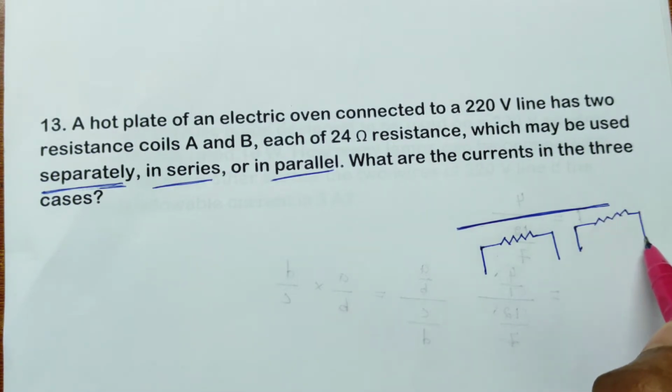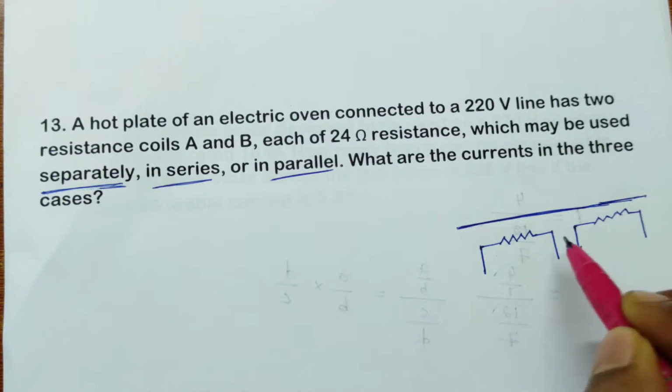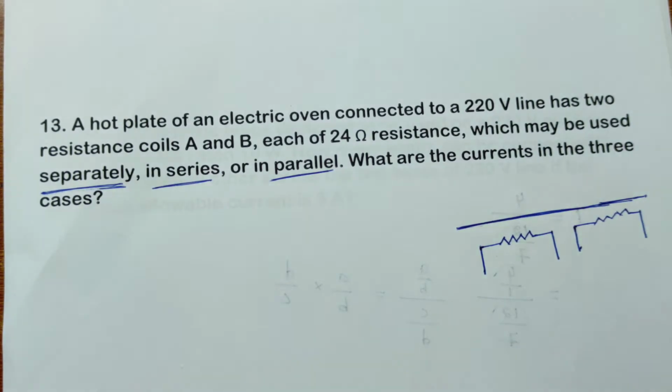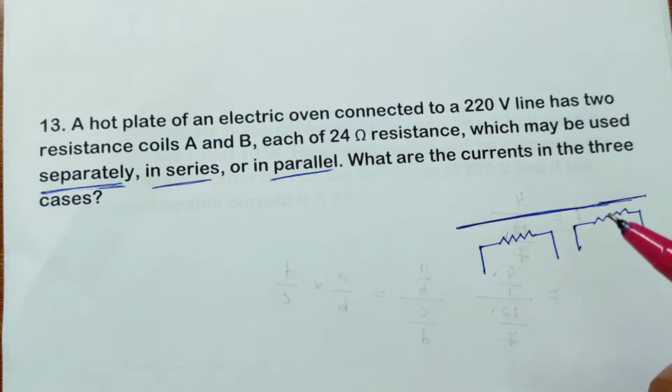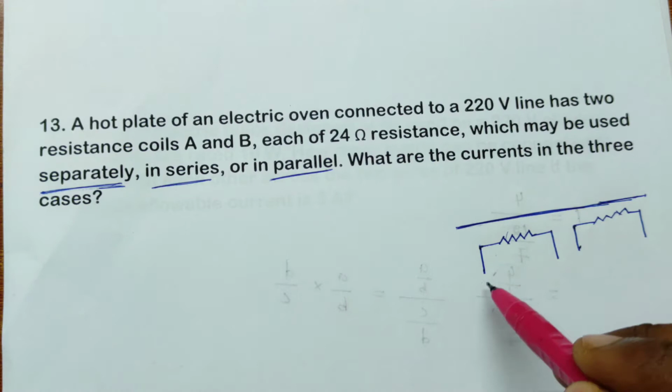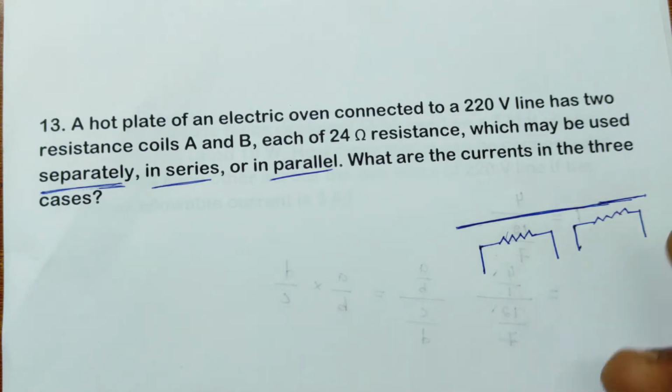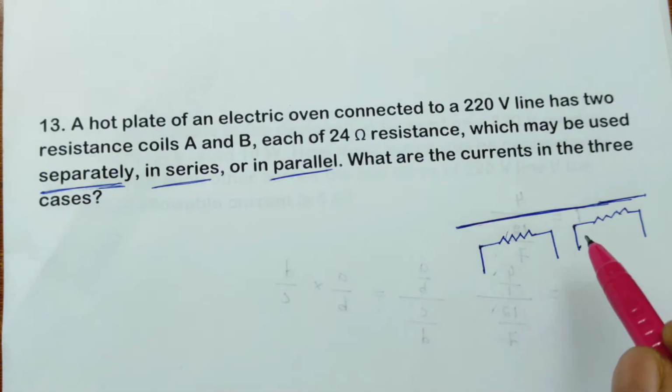These coils have resistance, and whenever current passes through the resistance, heat energy will be produced. That heat energy will be used for cooking purposes.